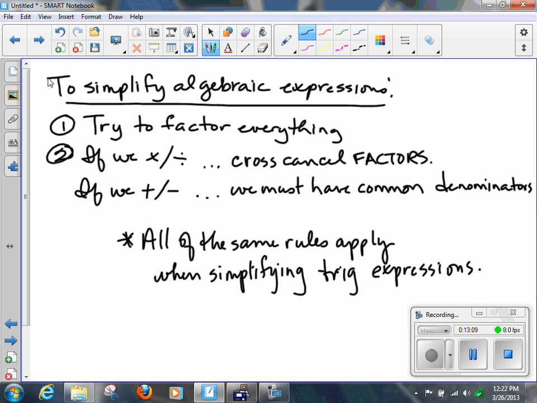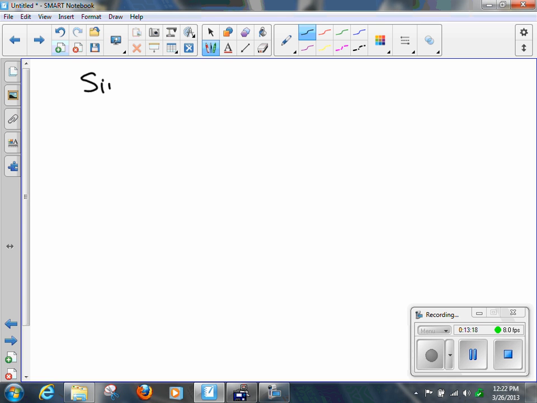Now, let's look at our first expression. Does everybody have this? Okay? Here we go. So let's simplify. Simplify means I'm not going to leave anything as two-fourths, right? I would reduce it to what? 1/2.